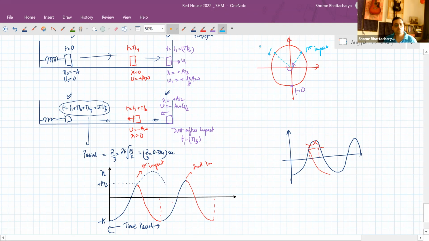So now it's coming down. So this is just after first impact, t equal to t1, and it jumped from this to this because the projection is going up and then coming down. Okay, and then this is where it is at the mean position. So this is t equal to t1 plus, now this is how much? It's pi by 6. Oh, sorry. So that will be T by 12. My mistake.